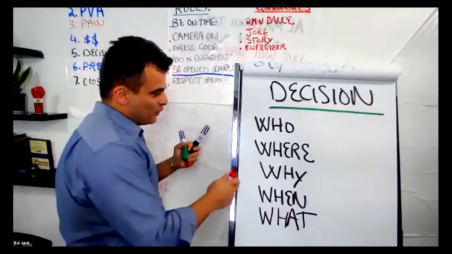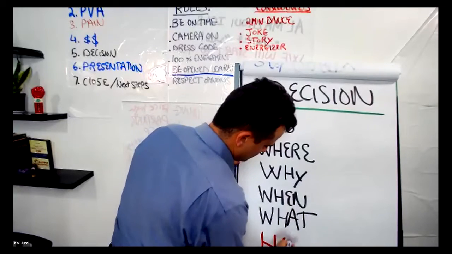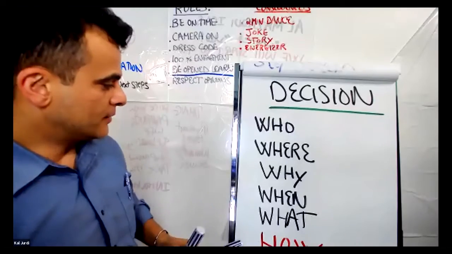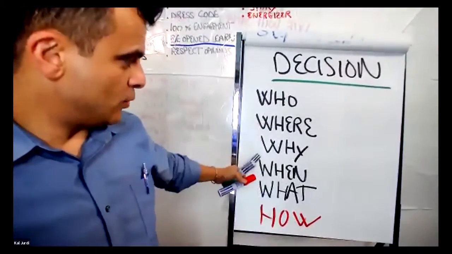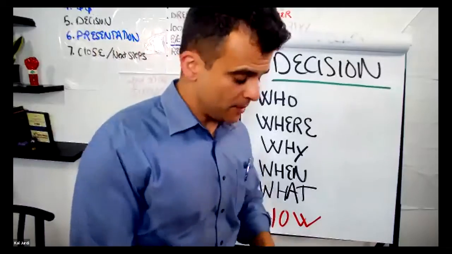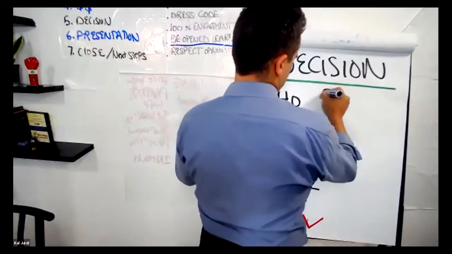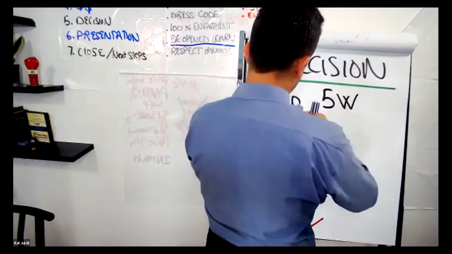So who, where, why, when, what, and then you go into the how. So it's 5 W's and an H.